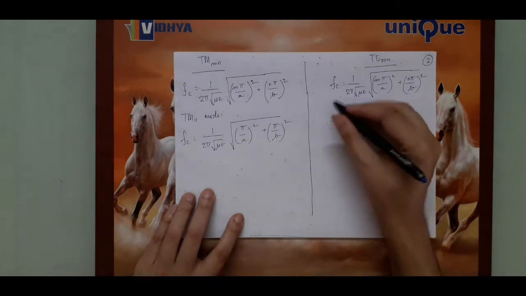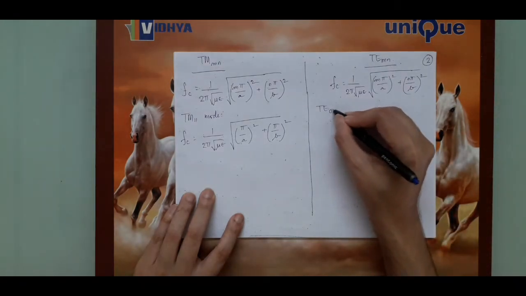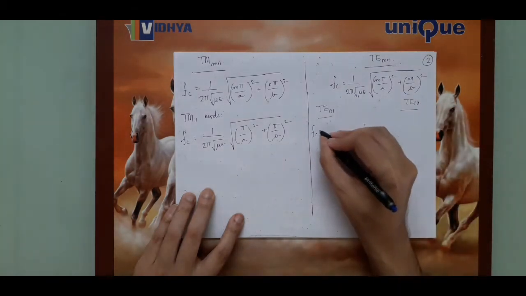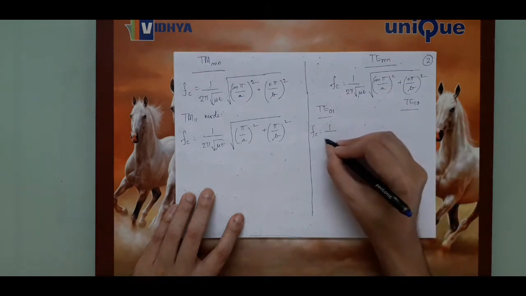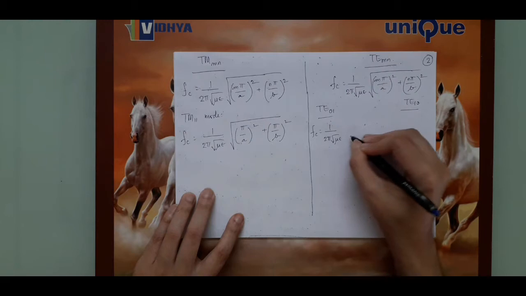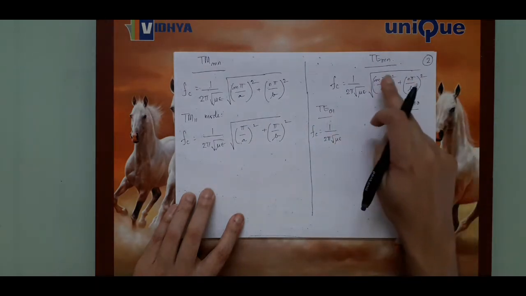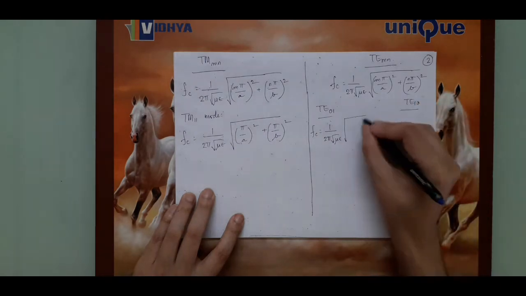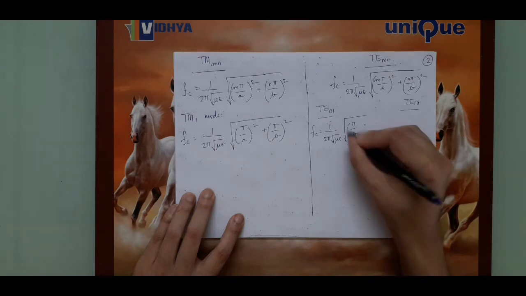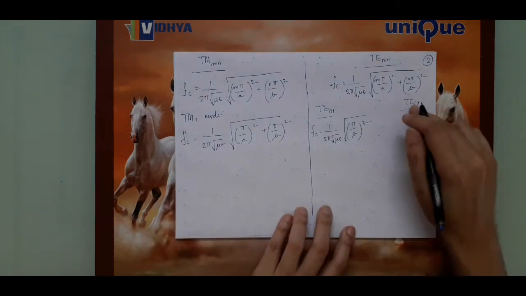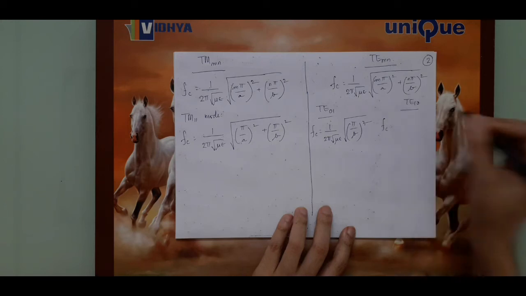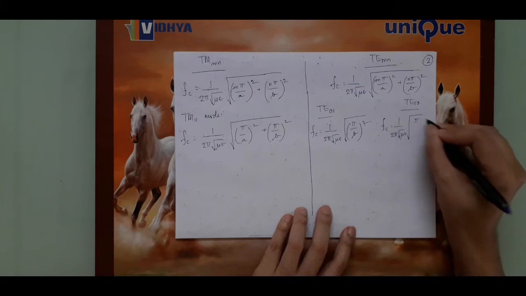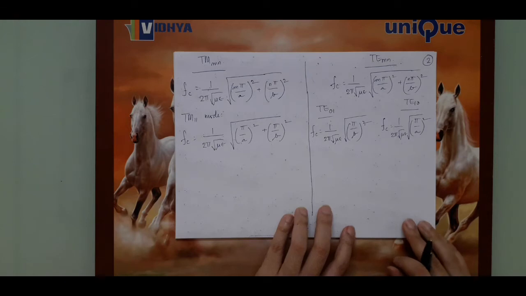And in case of the TE01 or the TE10 mode, the cutoff frequency will be something like this. In case of 0, 1, this will become 0 and this will be 1. So let me just write it in the square root form itself, just to maintain the uniformity. And in case of TE10, it will be Fc is equal to 1 by 2 pi times pi by A the whole square under root.